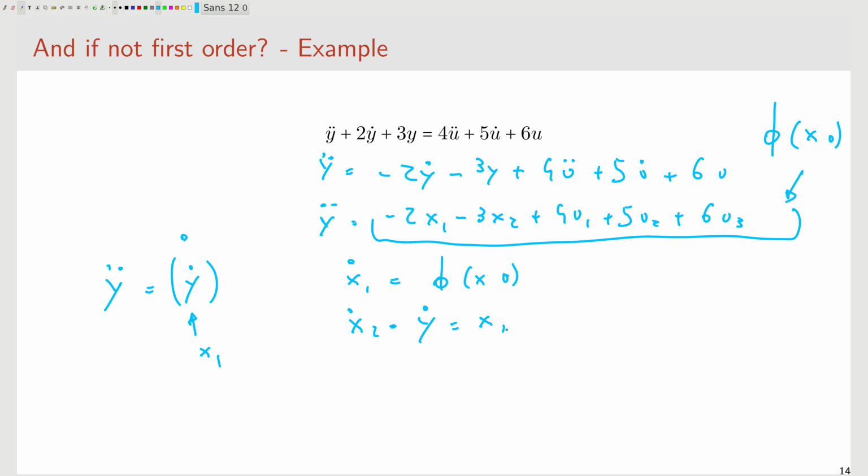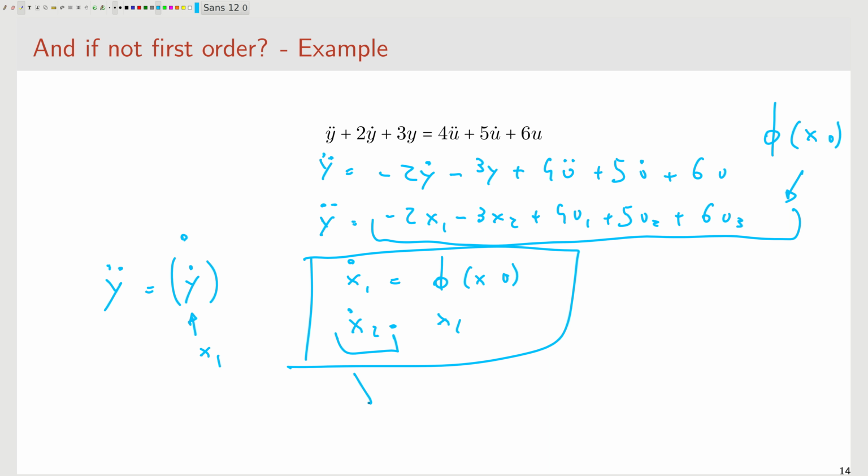And at this point we have the system written directly as we wanted, because this is capital X dot and this is our capital F of capital X, that is X actually. So, you understand what I'm writing? You see, it's very simple.